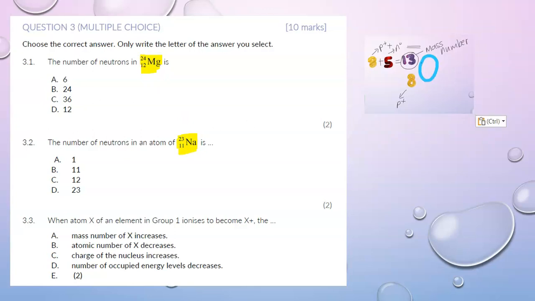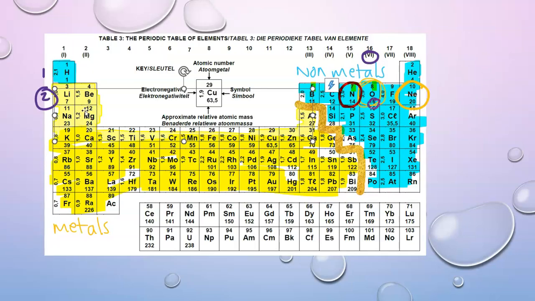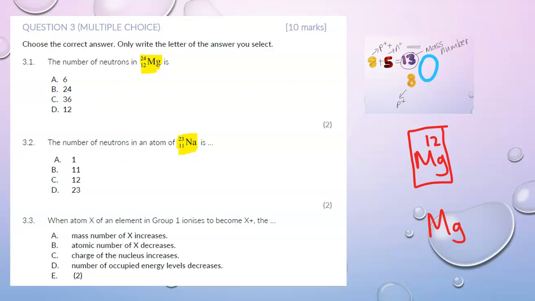So let's just go look at Maggie. Our Maggie is number 12 here on the periodic table. So we know that magnesium has 12 protons. So if we write Maggie in that form, I know the bottom number will be a 12, and that is our number of protons. And then this other number, which will be the 24, will be our mass number.